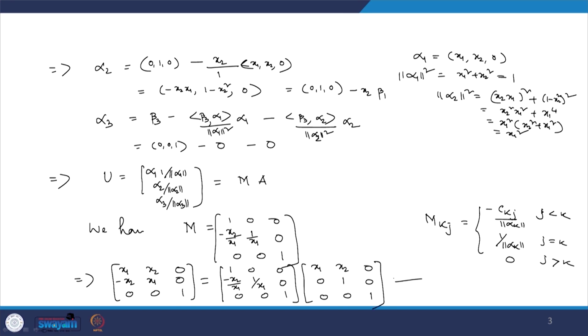You can cross check whether this calculation is correct or not, but the procedure is like this. So, in this way you can find out a lower triangular matrix for any given n cross n invertible complex matrix. Okay, so now we will turn to another interesting fact by raising a question.